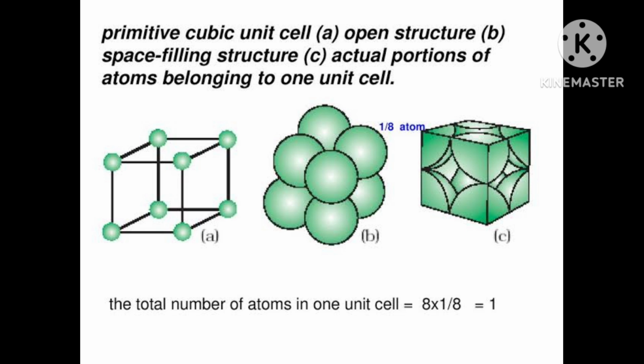Already I briefed you that each atom at a corner is shared between 8 adjacent unit cells, 4 unit cells in the same layer.